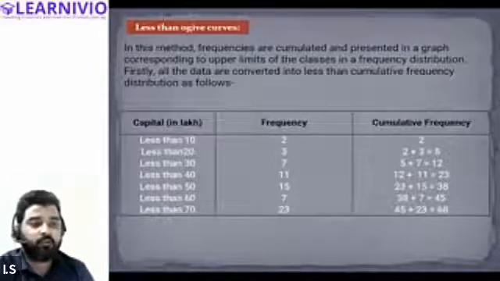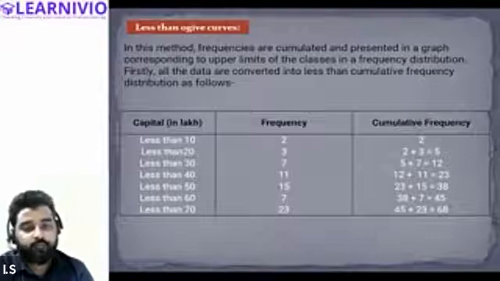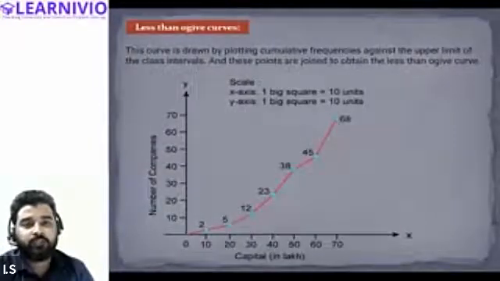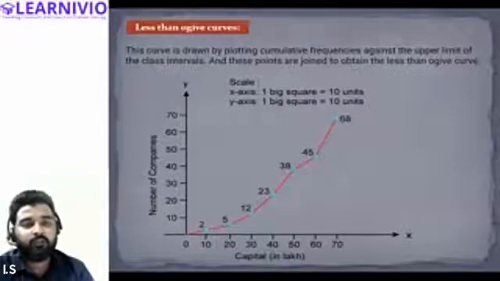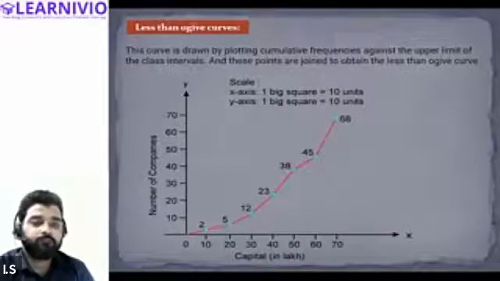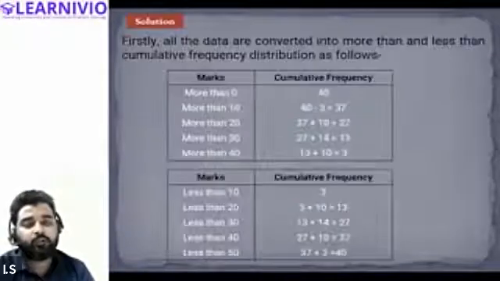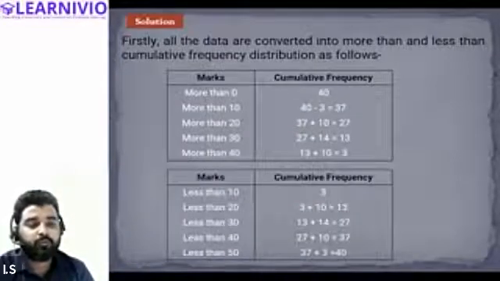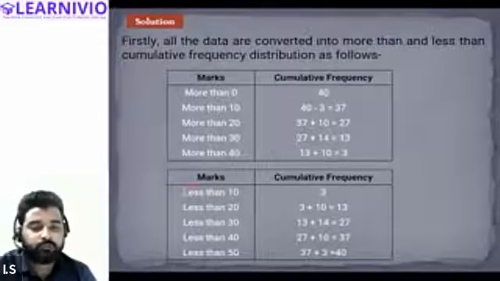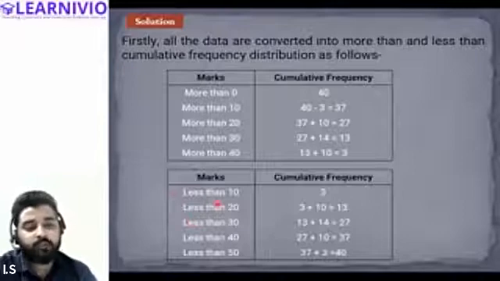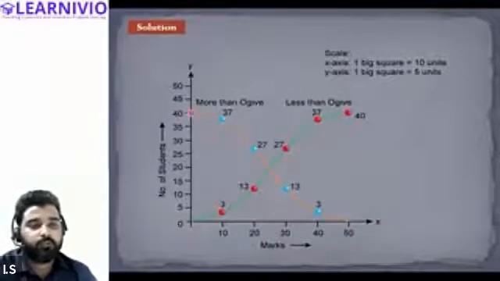And in order to do that, we basically add the cumulative frequencies every time. And by using the less than cumulative frequency series, we can make the less than Ogive. And in order to prepare the more than Ogive, we have to prepare the more than cumulative frequency series. So this is how the more than cumulative frequency series is prepared, and on the basis of that we can draw the more than Ogive.